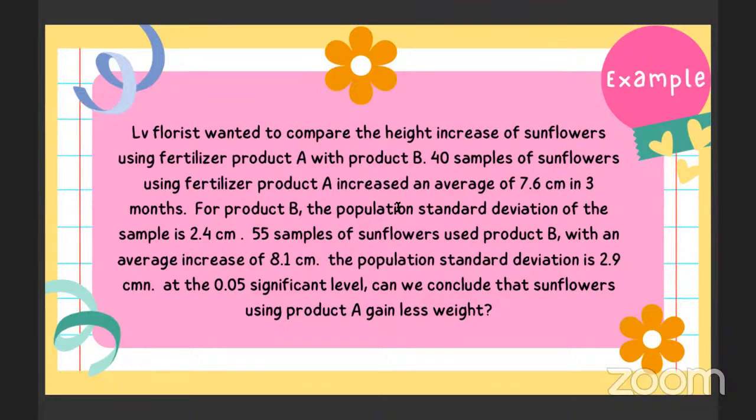The population standard deviation of the sample is 2.4 centimeters. For product B, 55 samples of sunflowers had an average increase of 8.1 centimeters. The population standard deviation is 2.9 centimeters. At the 0.05 significance level, can we conclude that sunflowers using product A gain less height?